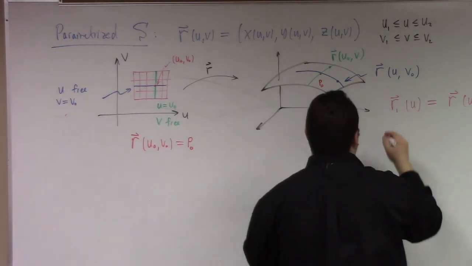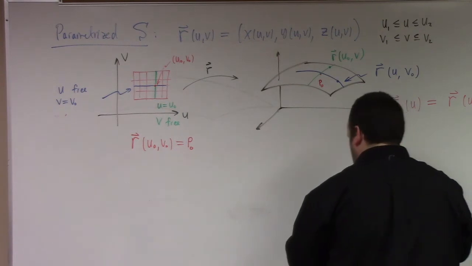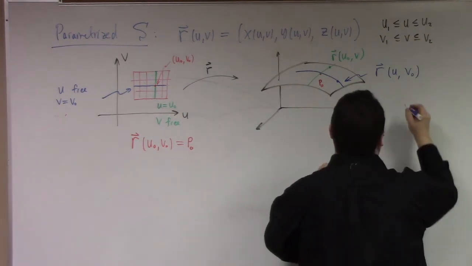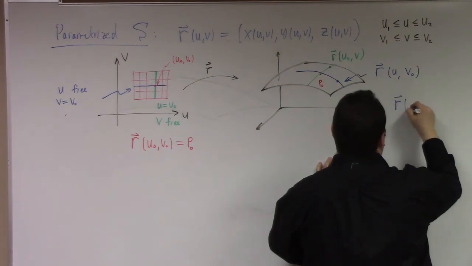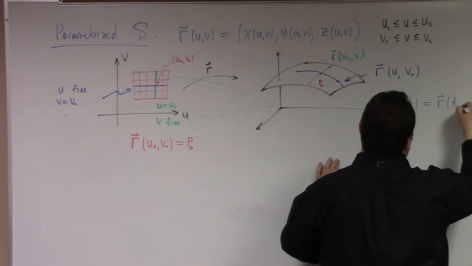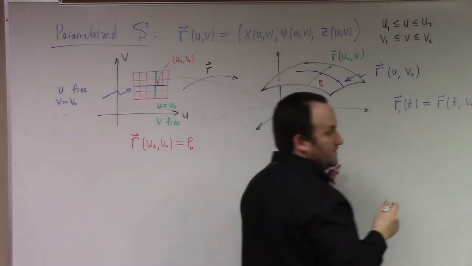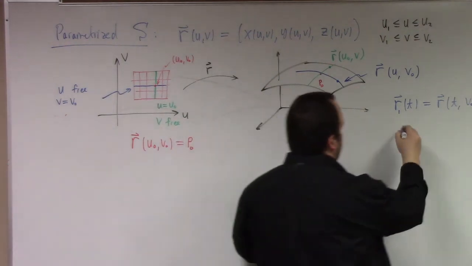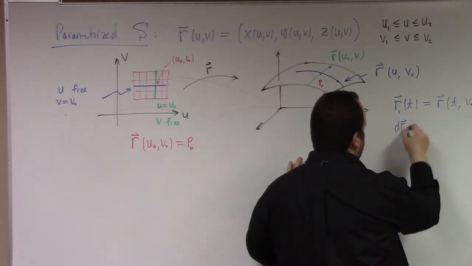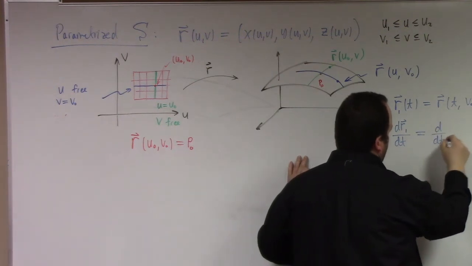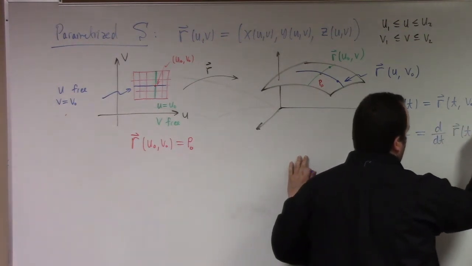And I really should have used blue for that. Sorry. Or we could even use a t if that would make you guys feel better. It doesn't really matter. R1 of t is R of t comma v naught, right? So what's the tangent vector? dr1 dt would be d dt of R of t comma v naught, right?